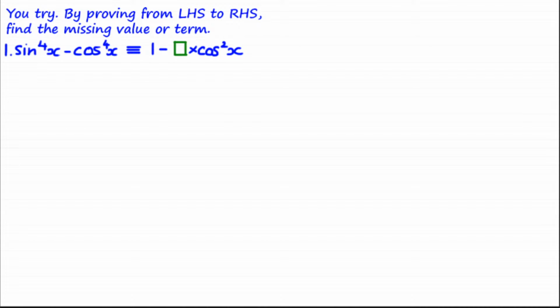How do we get a cos squared x term on the right-hand side? Natalie says 2. Anyone else? Anybody else? Okay, seems like Natalie's the only one who's seeing it right now.